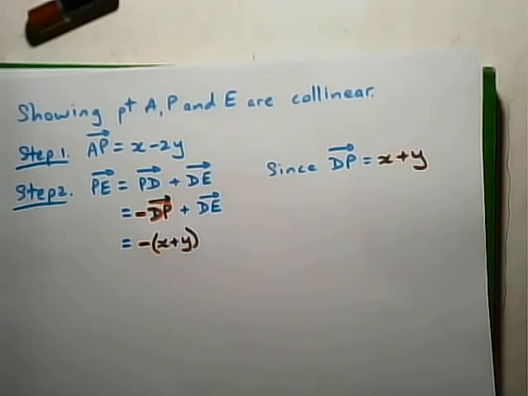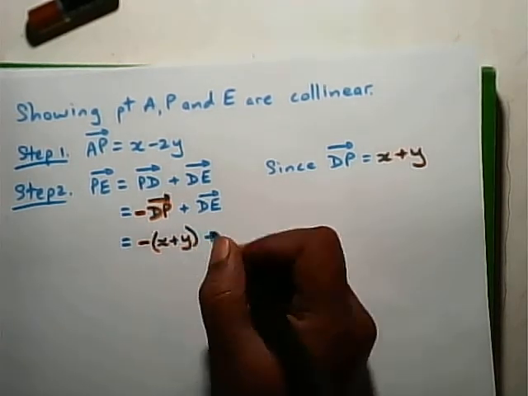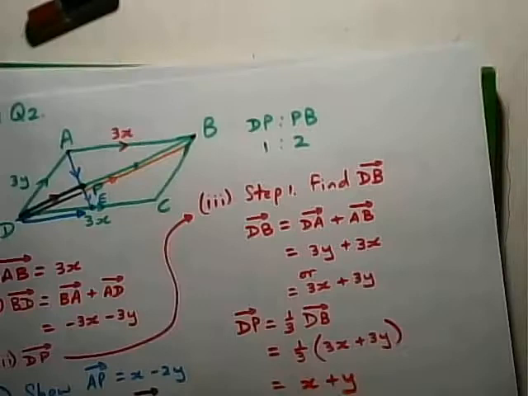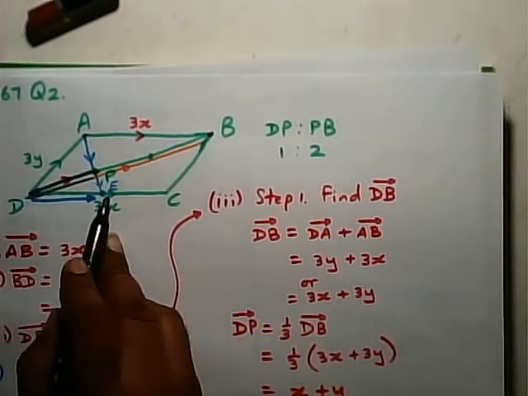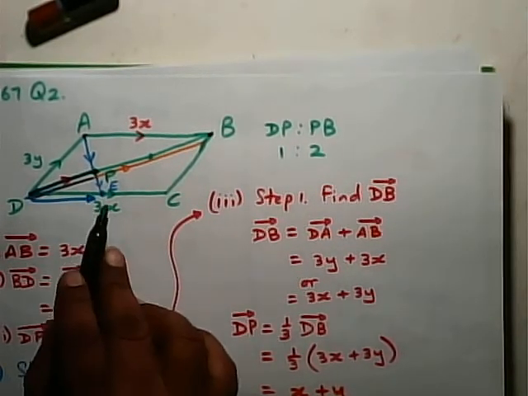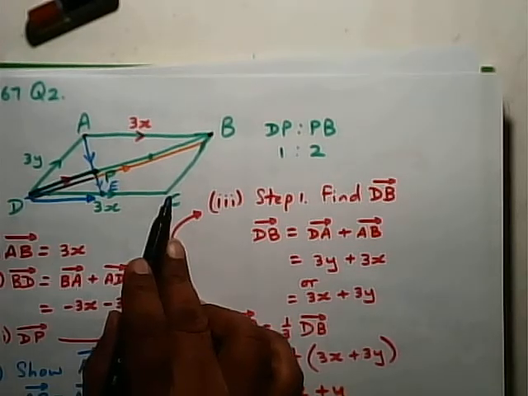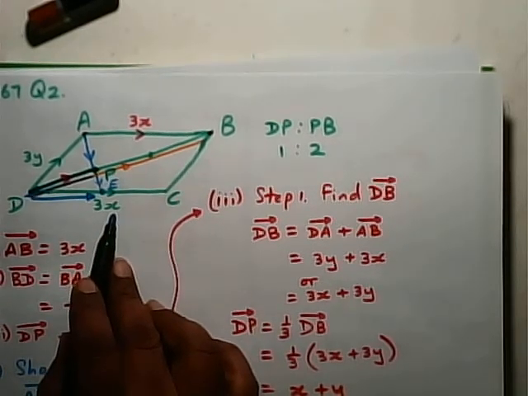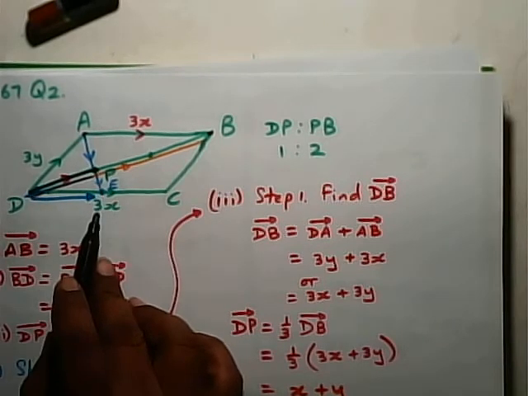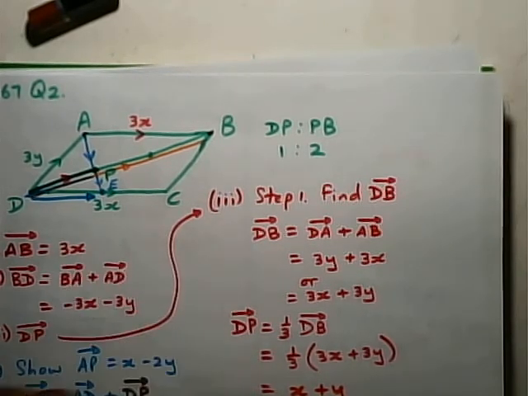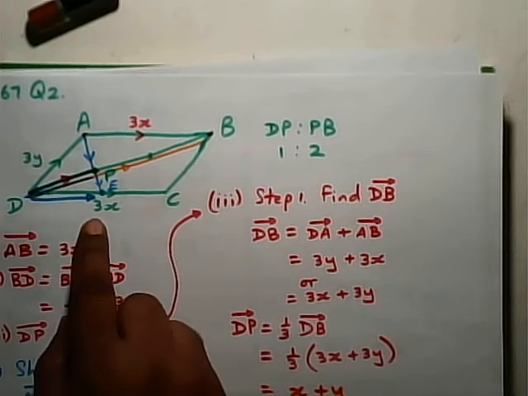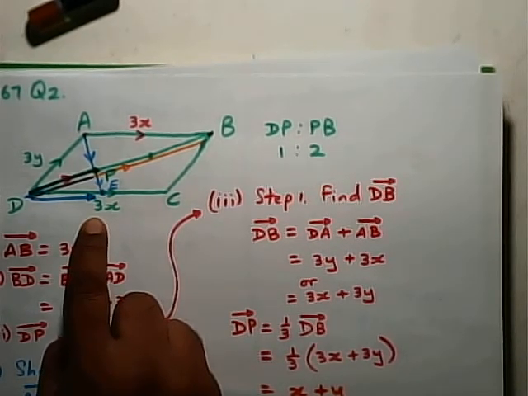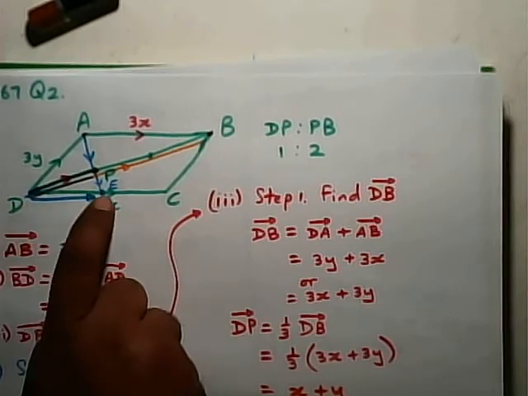And then what is DE? Let's look at the diagram. D to E is an easy midpoint. If D to C is 3x, then D to E would be half of 3x. Half of 3 is 1.5. So from D to E must be 1.5x.